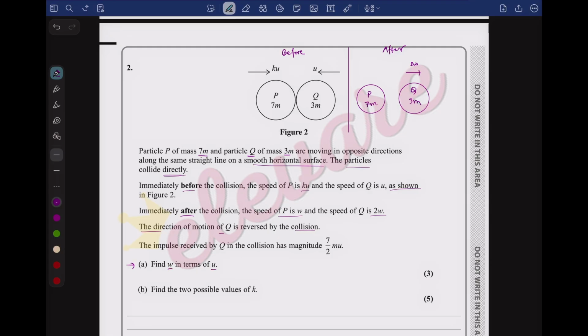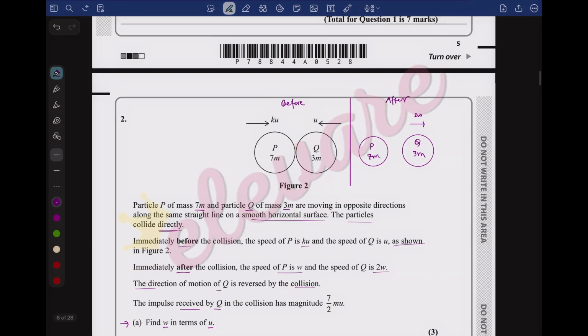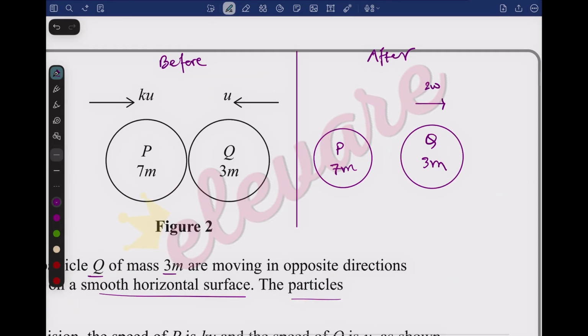Let's solve part A. Another information that we have is the impulse received by Q in the collision has magnitude 7mu by 2. Okay, so we have the impulse received by Q. Okay, what is impulse? Impulse is force times the time. The time is basically the time of contact.